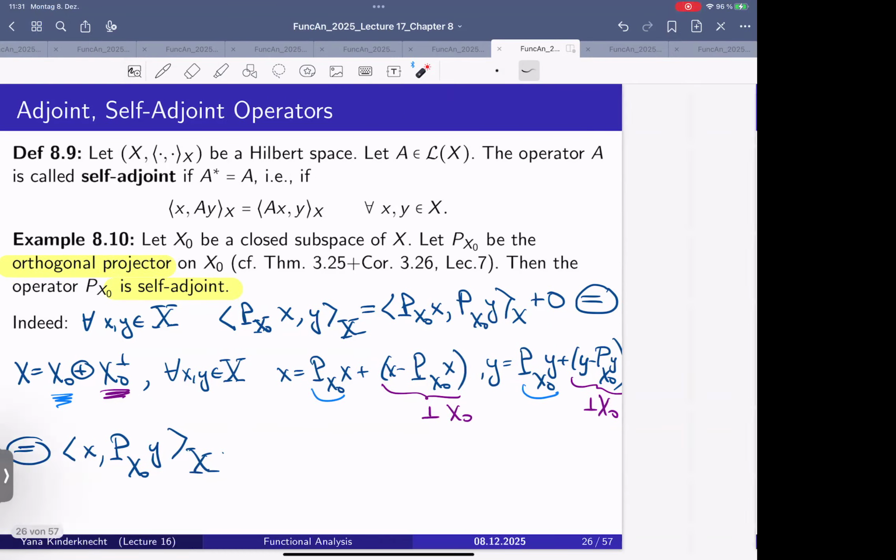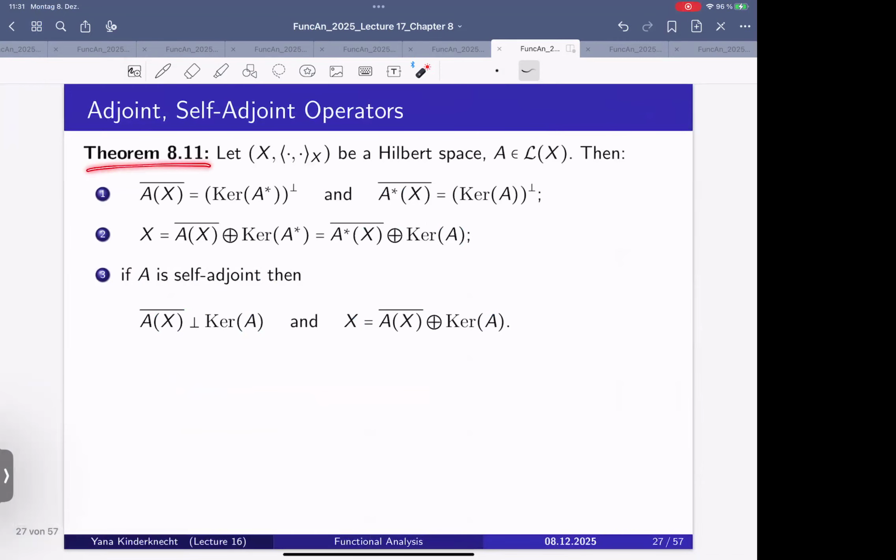Theorem. Let X be a Hilbert space, A a bounded linear operator on X. Then the closure of the image of X under A is just the orthogonal complement to the kernel of A star. And the dual statement: if we have A star instead of A here, then here we have A instead of A star.